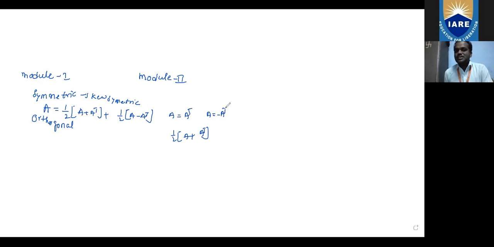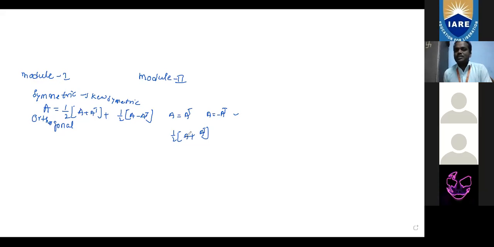So this is the condition for checking whether a matrix is symmetric or skew symmetric, and these are parts of any square matrix: half into A plus A transpose or half into A minus A transpose. Next, orthogonal matrix.